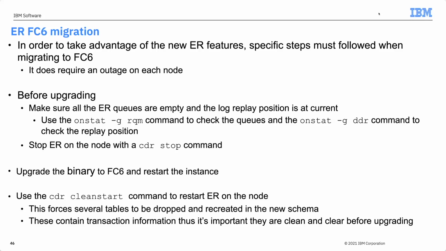You'll then turn the node off, upgrade the binary, turn the node back on. Instead of executing a CDR start to restart replication, you'll execute a CDR clean start. And that will cause the syscdr to rebuild with all the new tables and columns that are needed to support the FC6 functionality, such as out-of-sequence writes and so forth.